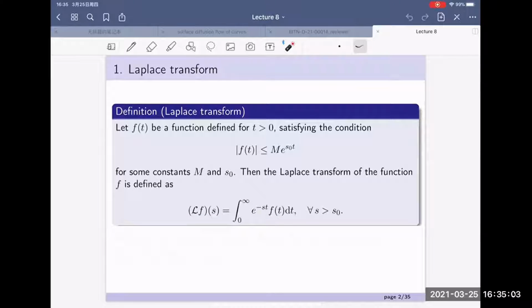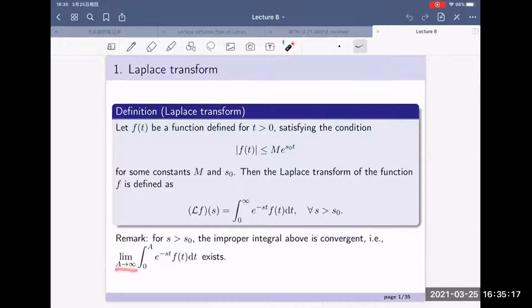Okay, by using an integral from 0 to infinity. So what is the integral from 0 to infinity? It's just the integral from 0 to a given number, while this number tends to infinity. And this is a limit. You have learned the limit, right? So you first compute the integral from 0 to a finite number.